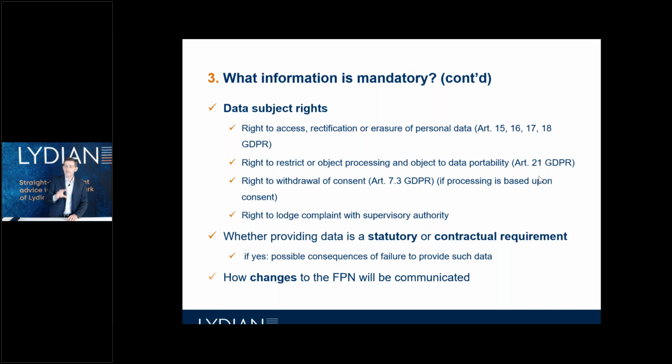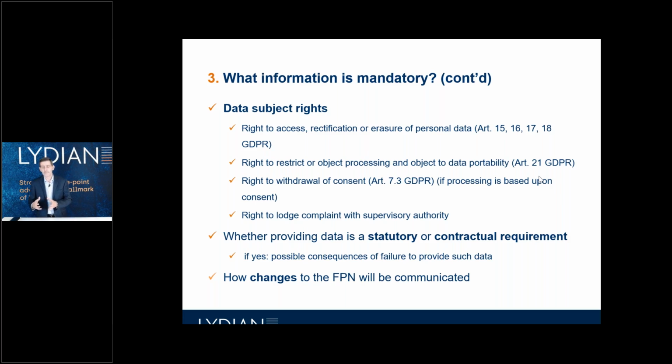When you collect information from the data subject, you will also need to specify, and usually this is done through asterisks in combination with the privacy policy, whether providing the data is a statutory or a contractual requirement. And if this is a requirement, you will need to explain what the consequences are of not providing the data.